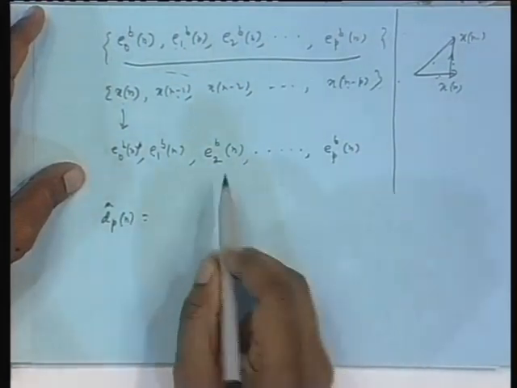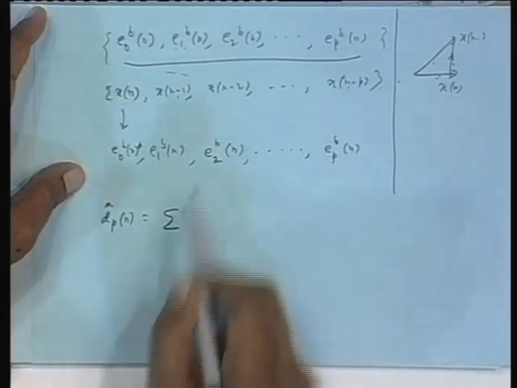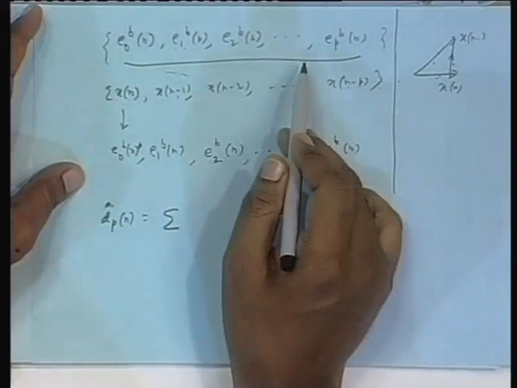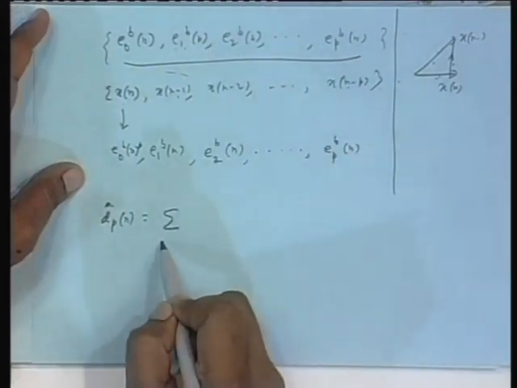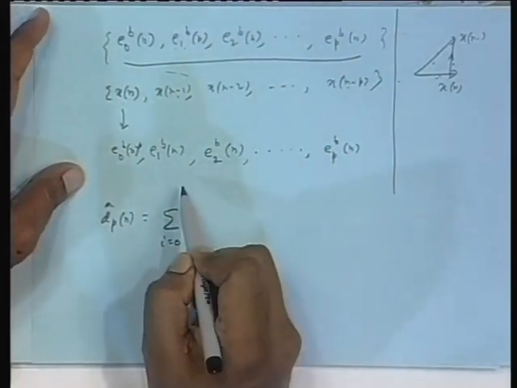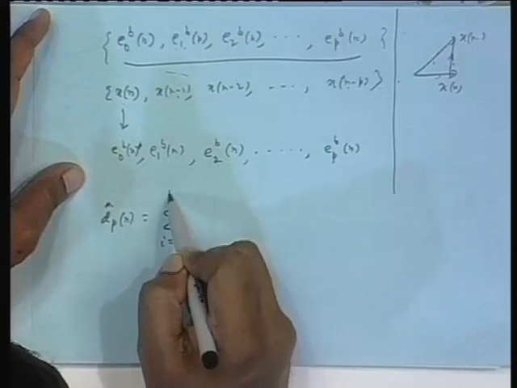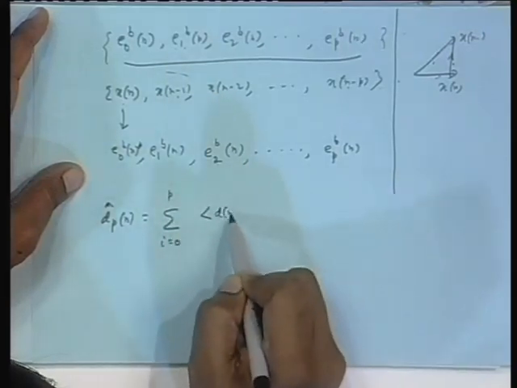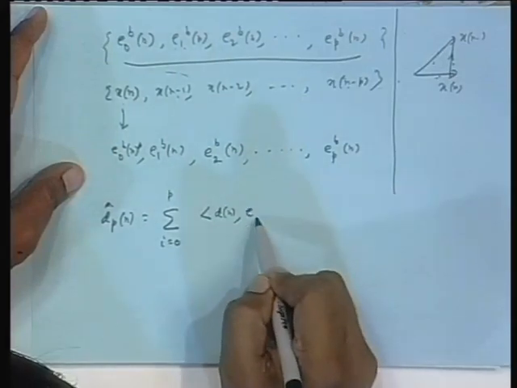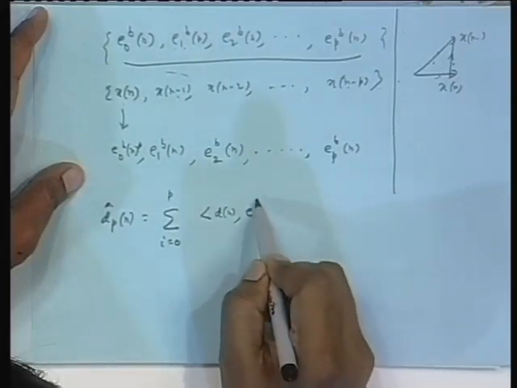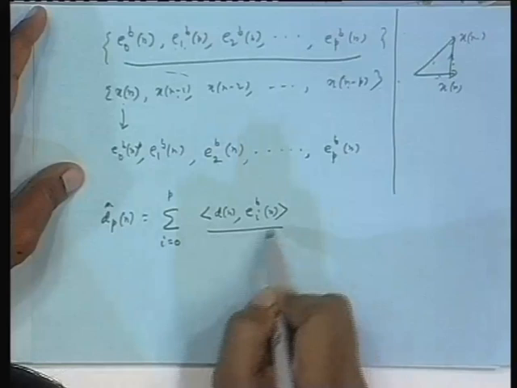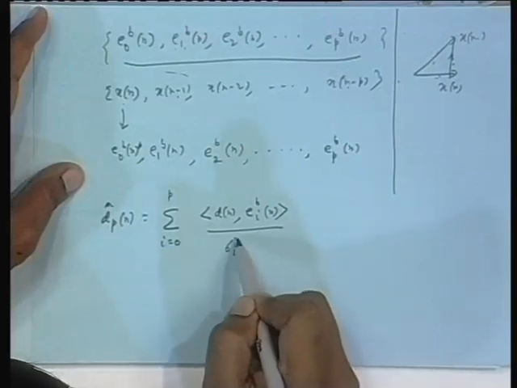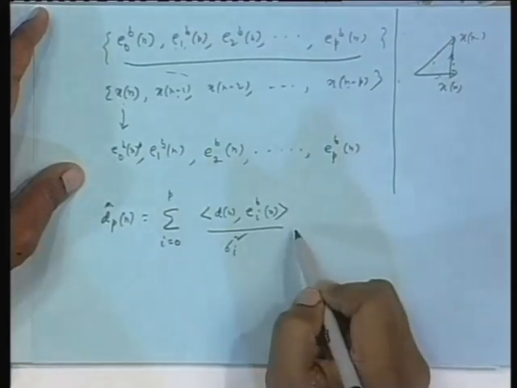This is nothing but a linear combination of these terms, sum over i equal to 0 to p of the inner product of dn with ei bn, divided by sigma i square, the variance, into ei bn.